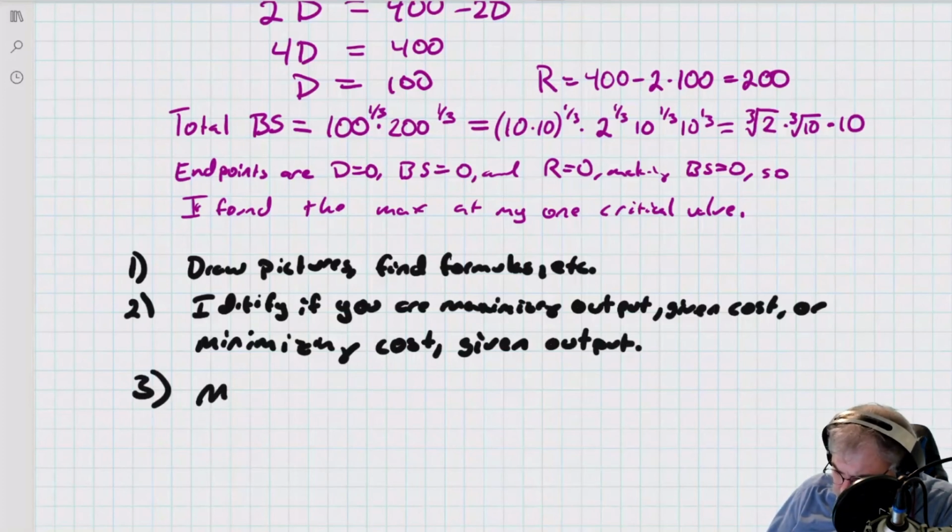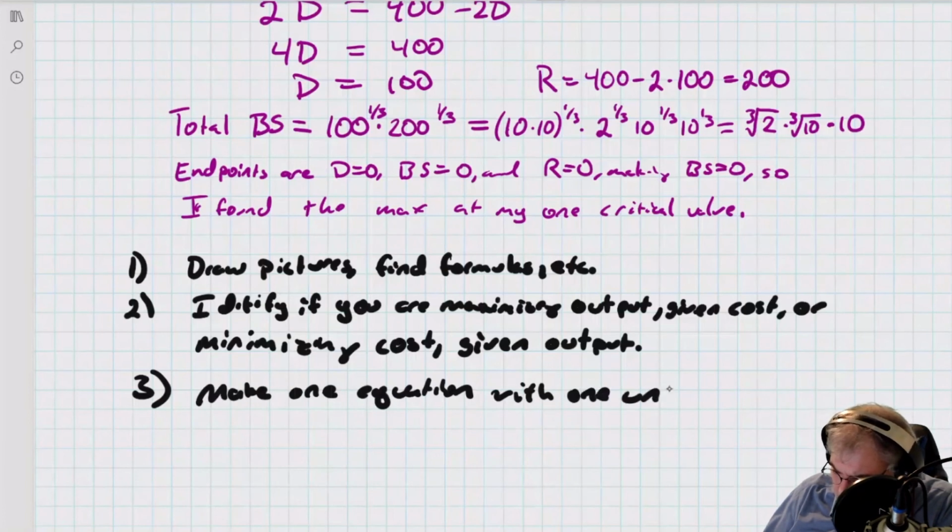Make one equation with one unknown. 4. Look at endpoints.